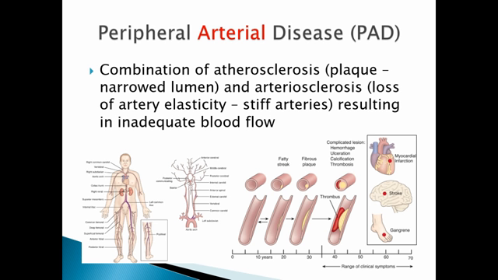As I mentioned earlier, for this particular portion of the course, I'm focusing on the extremities. But the reality is, this peripheral arterial disease process is the same thing that is occurring in the brain that predisposes a patient to a stroke. It is the same thing that occurs in the heart that will put the patient at risk for an MI.